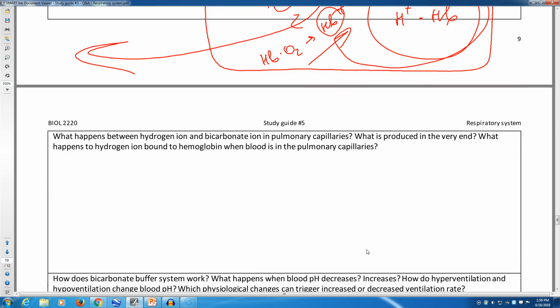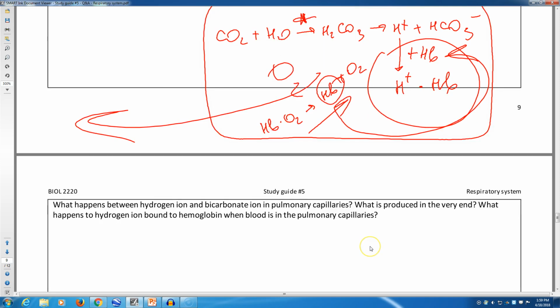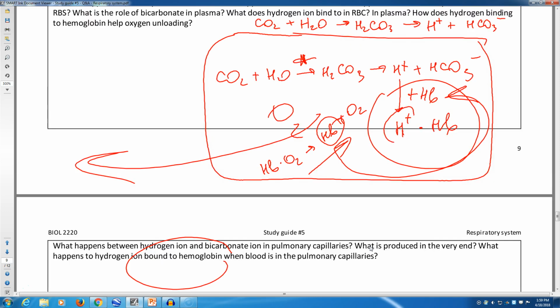Now, in the pulmonary capillaries, what do we need to do with all the arrows? Just flip them. It all happens backwards. Does that make sense? That's basically it. So hydrogen that is bound to hemoglobin binds to bicarbonate and forms carbonic acid.